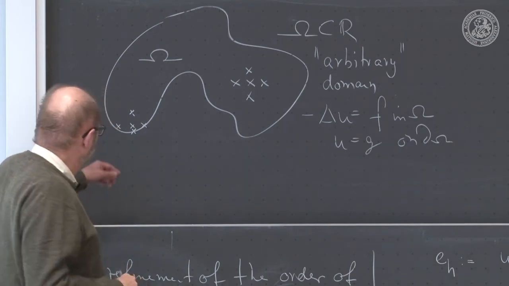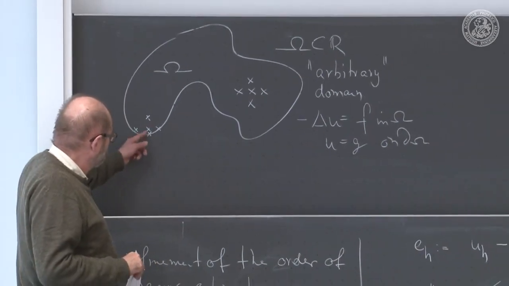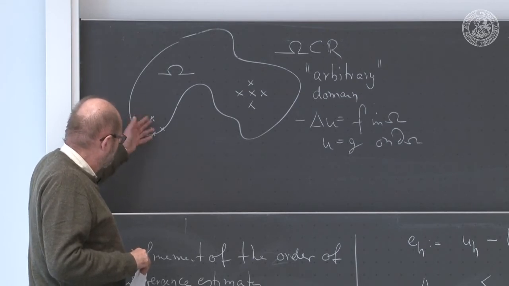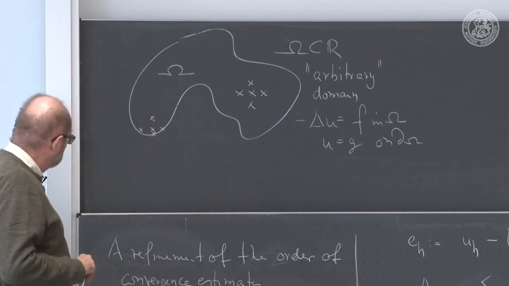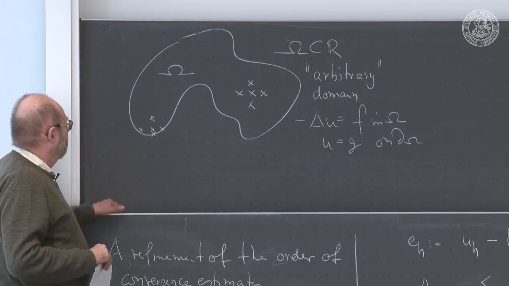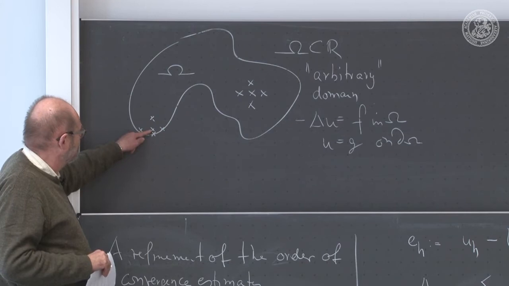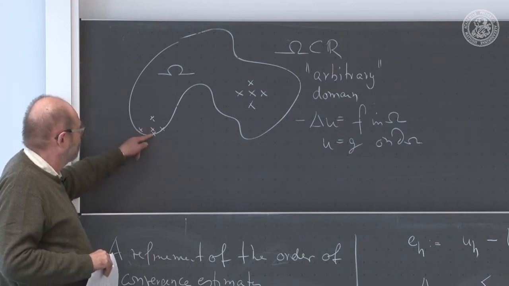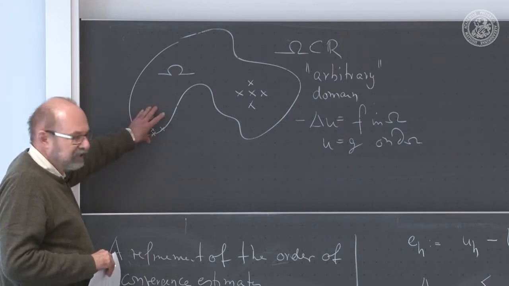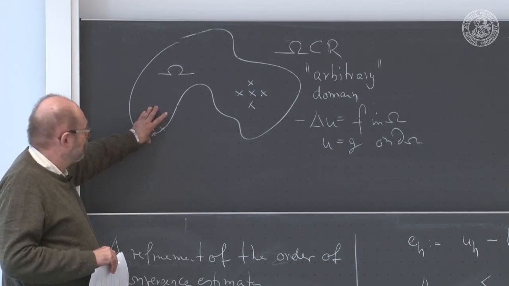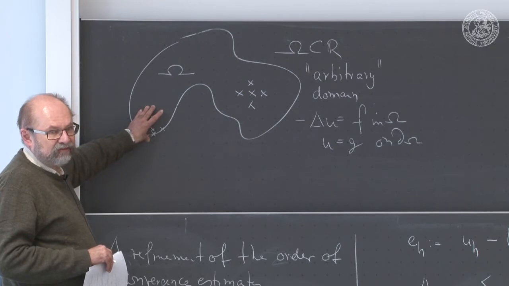I have to take those points of the boundary which are the projections in the x and y direction correspondingly. So here and here the Dirichlet data will go in, but now I have a stencil which is not equidistant, and this has the consequence that here I lose one order in consistency. So the problem is what is the influence of that?